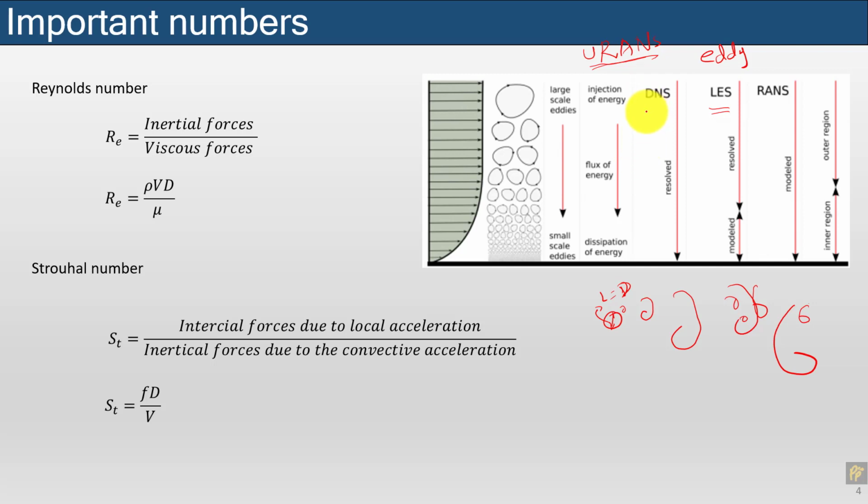That largest eddy is basically dictating the flow, and from that largest eddy we get its frequency, meaning how many times it is moving from one position. The units of frequency are 1 upon time, and from this frequency we can get the time period, as the eddy is going through some cyclic process.